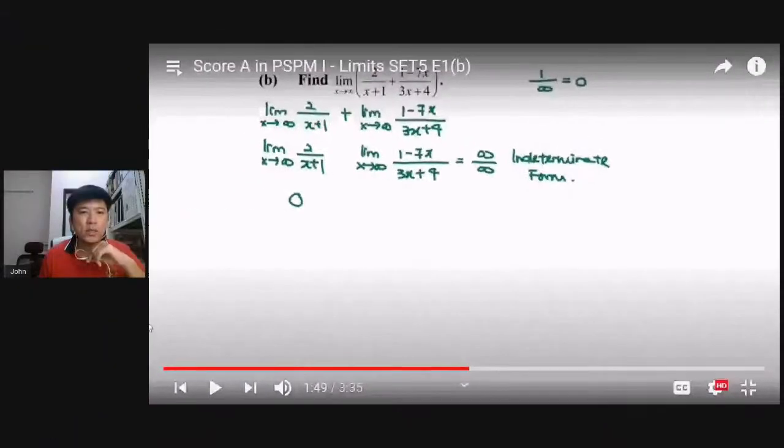Bila you jumpa situasi begini, apa yang you perlu buat? You jumpa infinity over infinity, so dalam otak kita kena tahu dividing the numerator and the denominator with the highest powers of x for the denominator. So meaning that you have to refer to the denominator. And then kindly take note, what is the power of the denominator? X, right? So meaning that later on you need to divide all the terms by x. Clear? So revision. So continue.